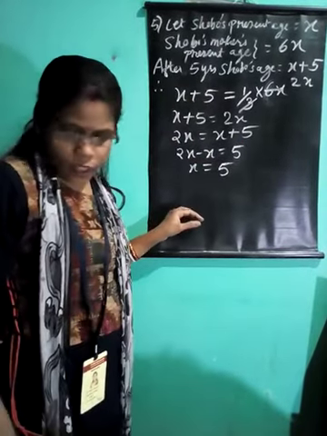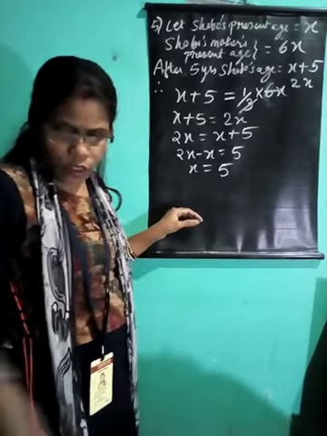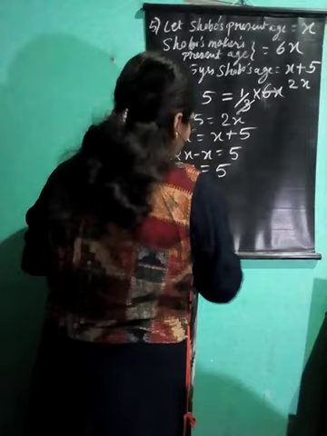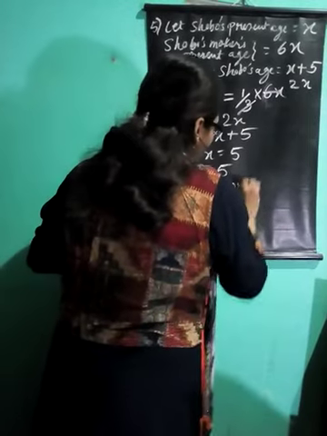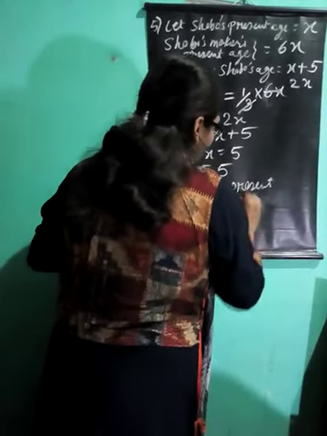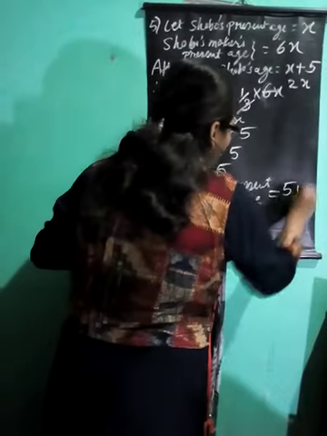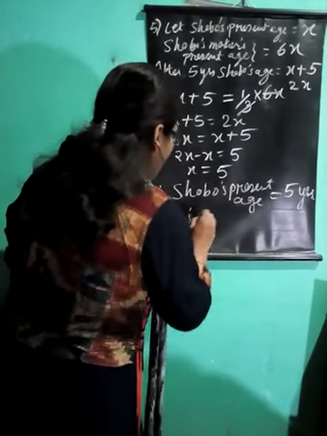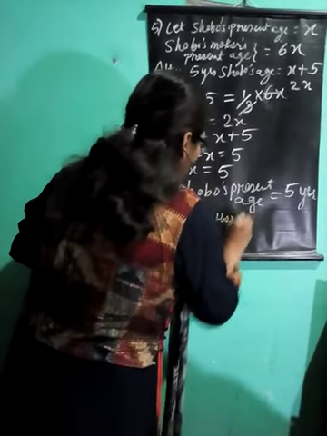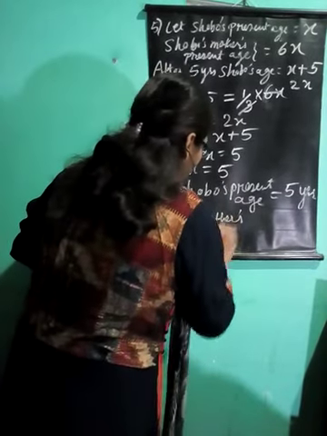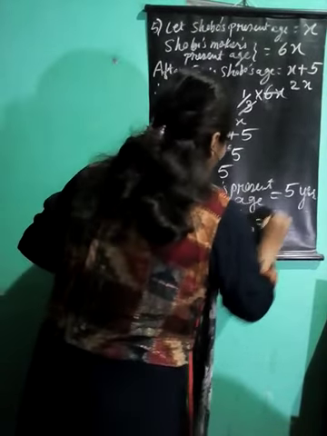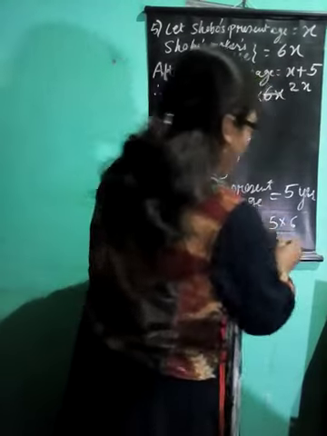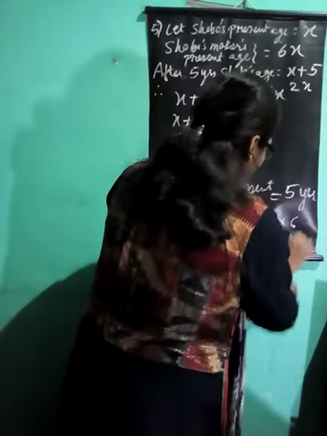Now then after that, you can find what are their present ages. Therefore, Shubhu's age is equal to 5 years, and Shubhu's mother's age is equal to 5 into 6, because it is 6x. So 6 into 5, that is 30 years.